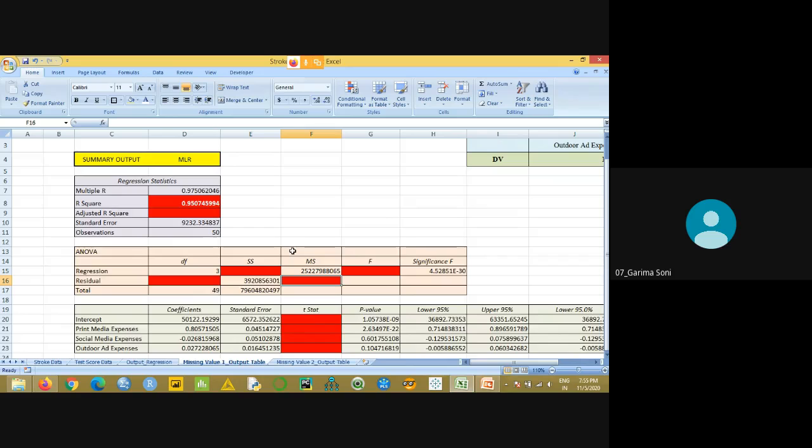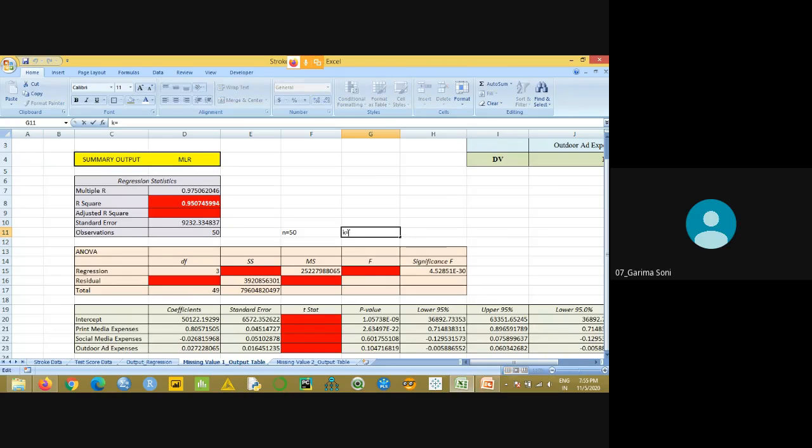And how will we get here N? 50 observations are written, right? N is 50 here. Small n is equal to 50. It's mentioned here. So what will be K here? What do you mean by K?